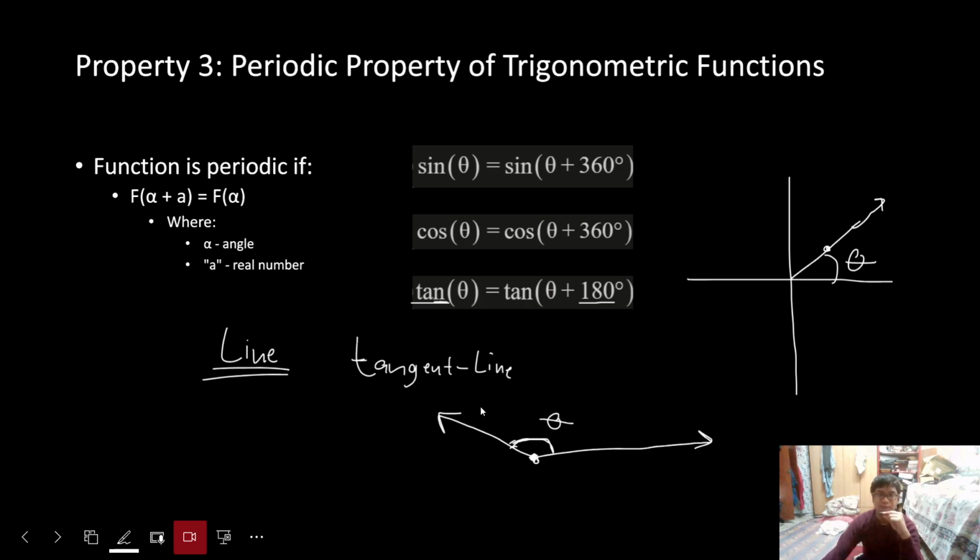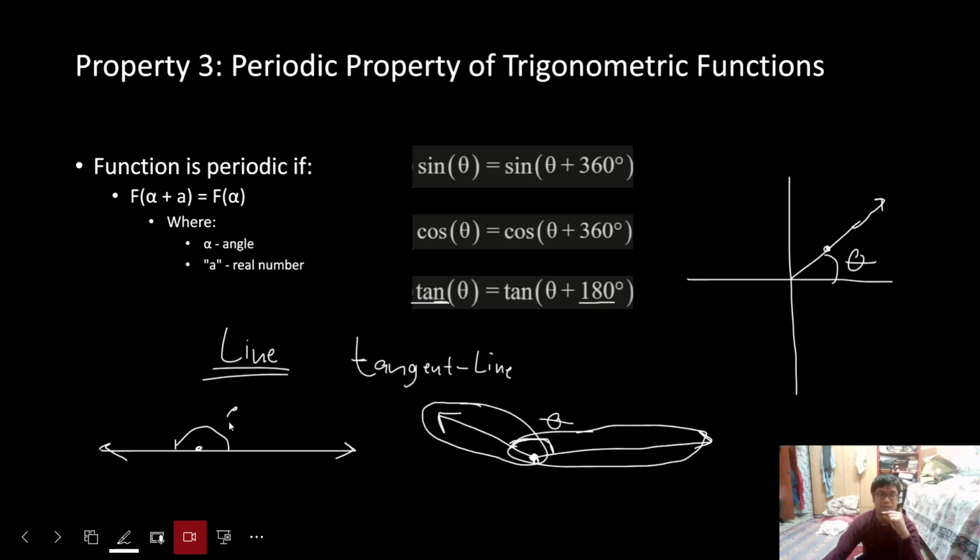Now, what if this line and this line are perfectly aligned to each other, meaning they became a straight line, just like this? The angle here, if it's perfectly a straight line, is actually 180 degrees. So if you add 180 degrees to this angle, as a result, you'll be getting the opposite angle.